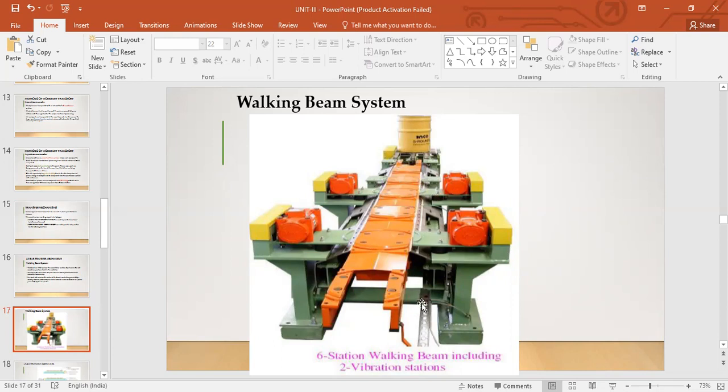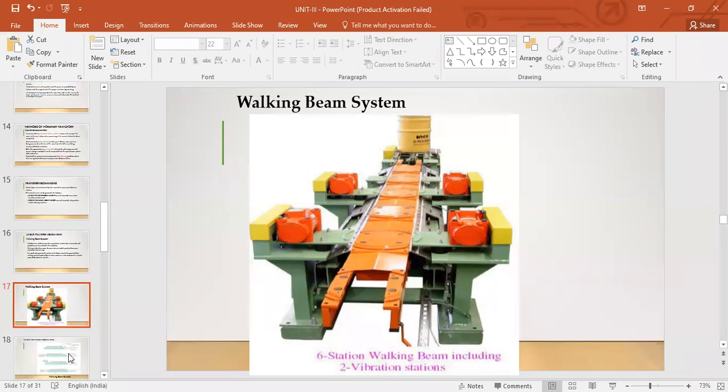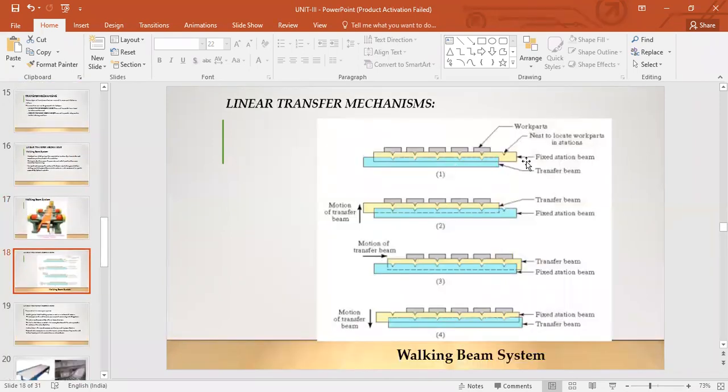If you observe, it has a fixed beam and a transfer beam. These two beams will be used to transfer the work parts. The fixed station beam will be fixed at one place, and the transfer beam will take the work parts and shift them.